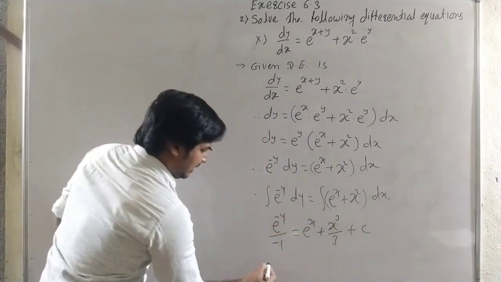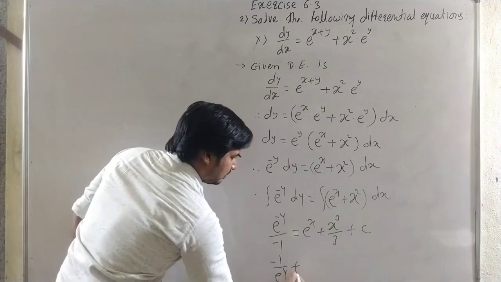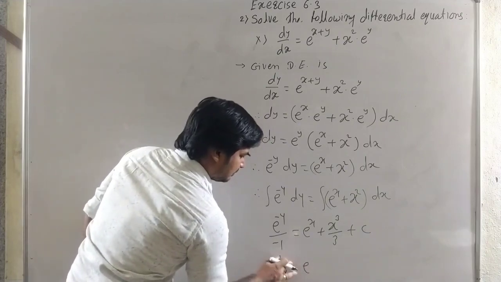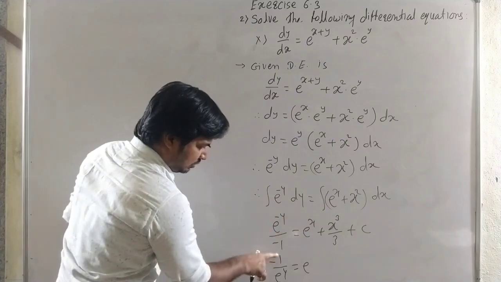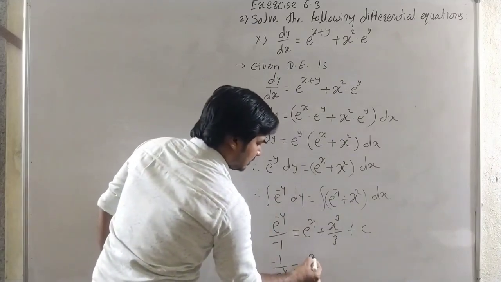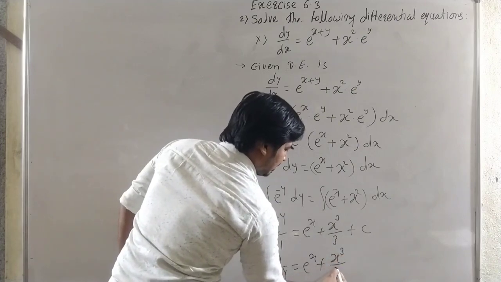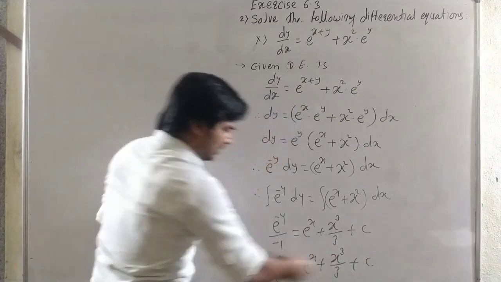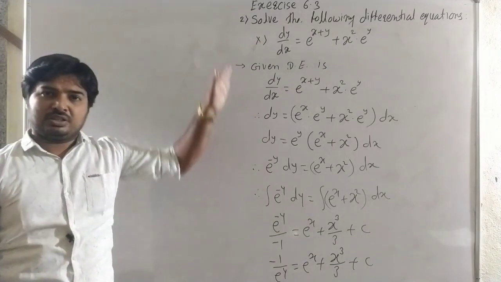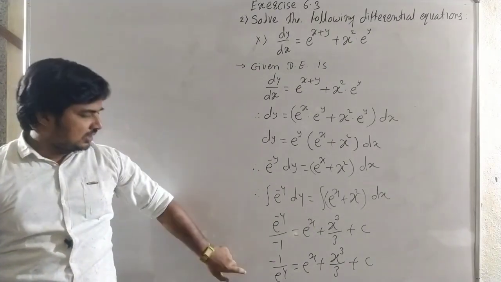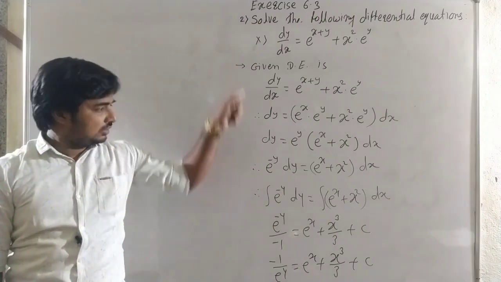Then it is minus 1 upon e raised to y, equal to e raised to x plus x cube upon 3 plus c, which is the general solution of this differential equation. See carefully, this is the calculation. Last, we can write it as the general solution of the differential equation. See carefully.